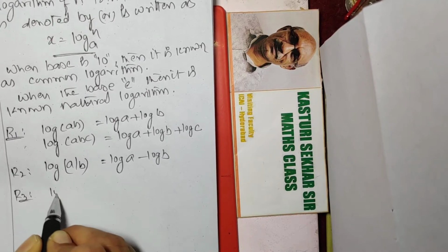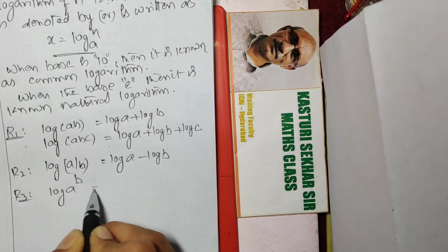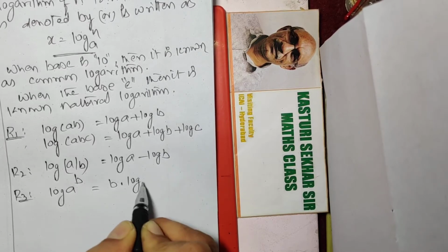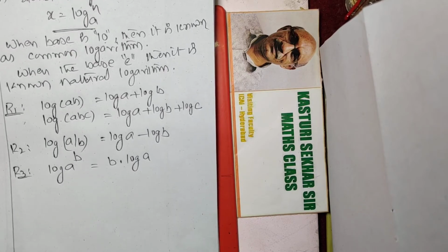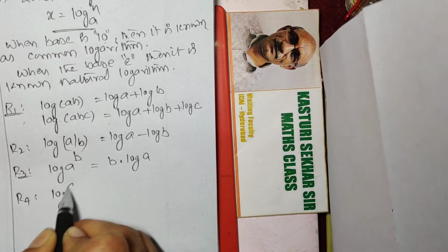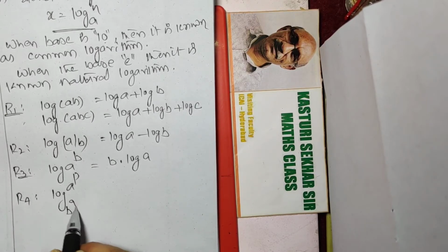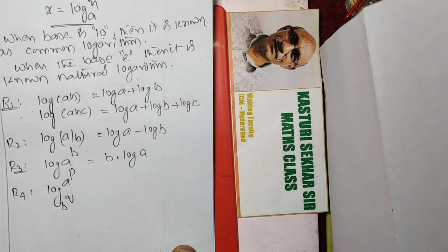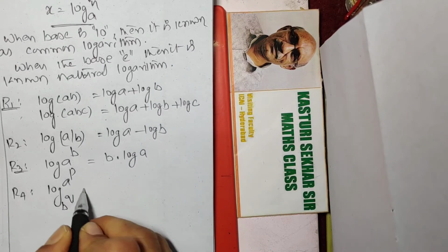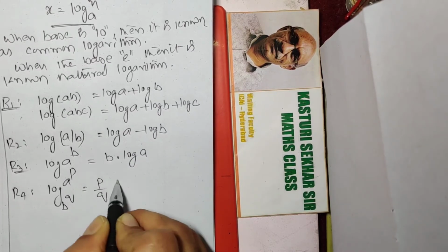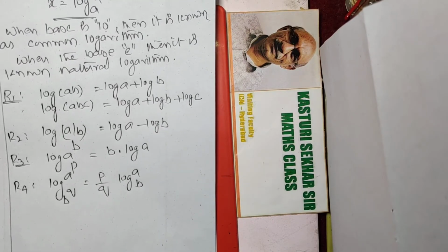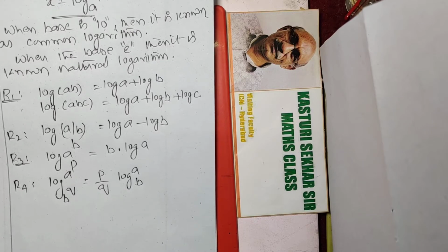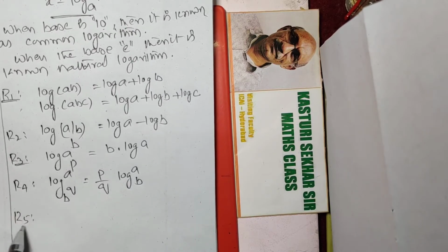Result number 3. Log A to the power B can be written as B into log A. Result number 4. Log A to the power of P to the base B to the power of Q is P by Q into log A to the base B. Result number 5.